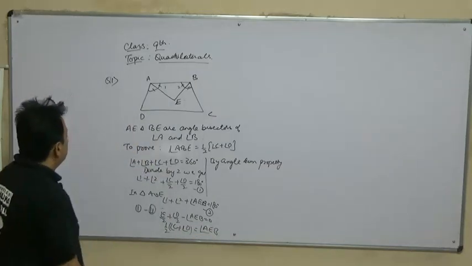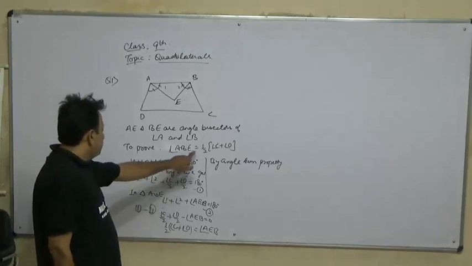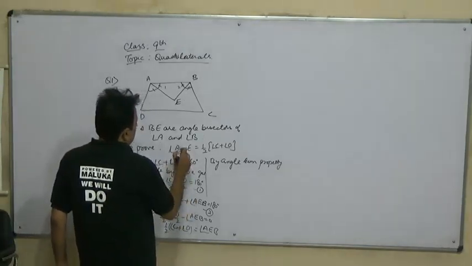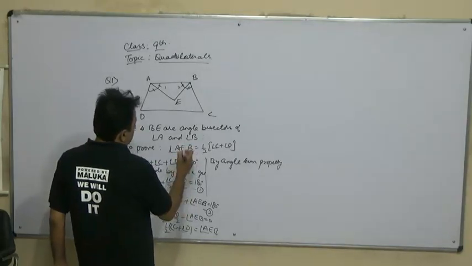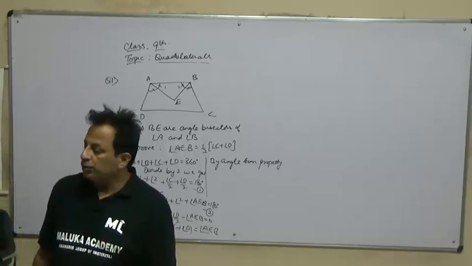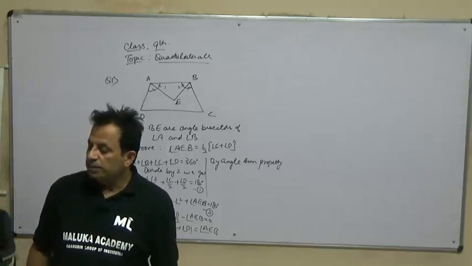So this is what we wanted to prove: angle AEB is equal to half of angle C plus angle D. So this has been proved.